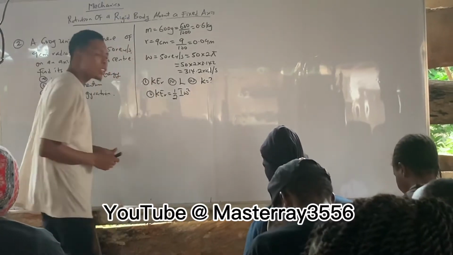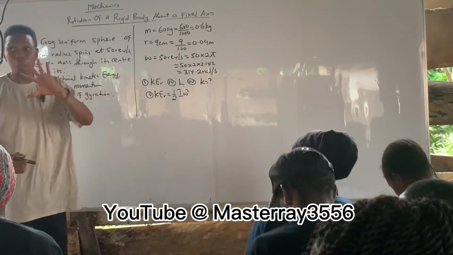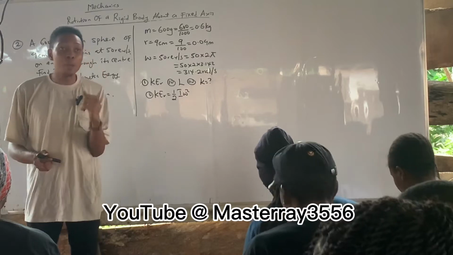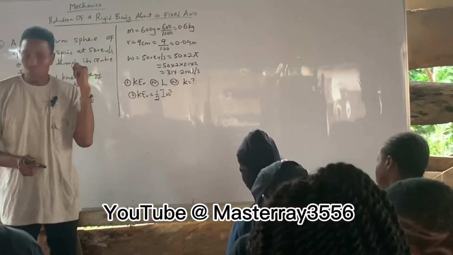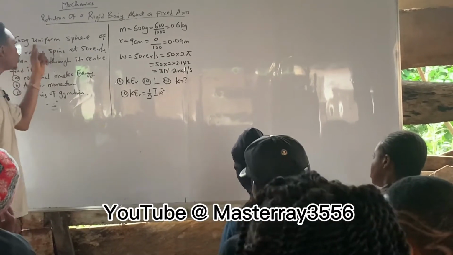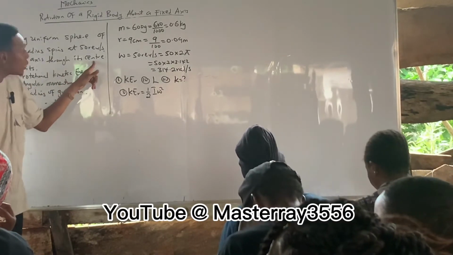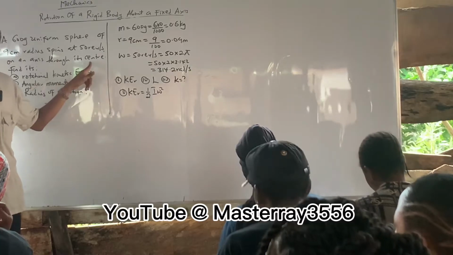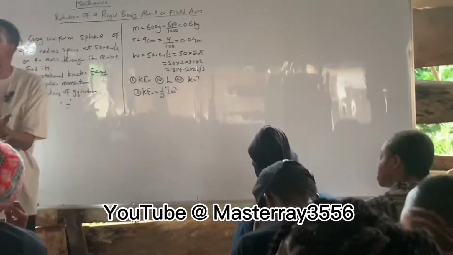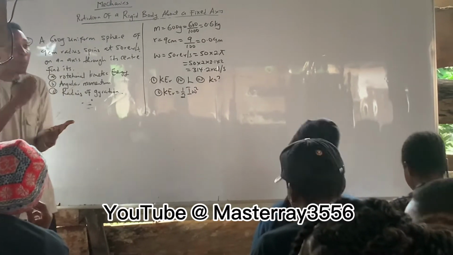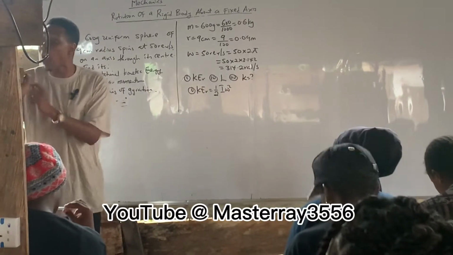All right. And to get our moment of inertia, I gave you several formulas for moment of inertia. So whenever you are given a question, be very careful. In this question, we were told that it is a uniform sphere through its center. Again, for a uniform sphere through its center, we also have a moment of inertia for a uniform sphere through one end.